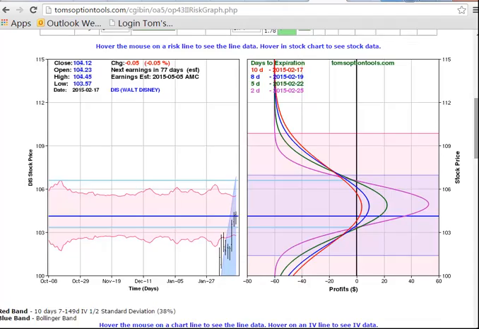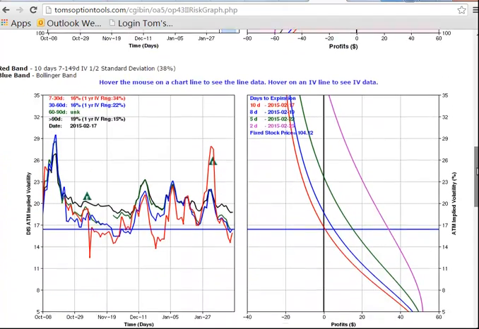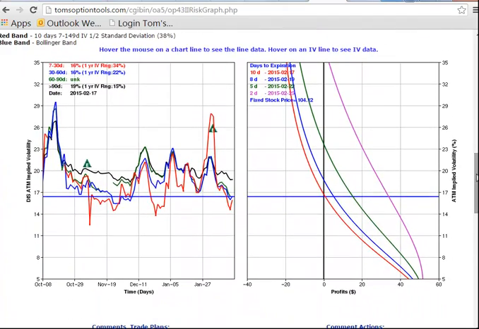A third component is volatility. How will volatility impact this trade? And as stocks go up, what tends to happen to volatility? Volatility tends to go down.